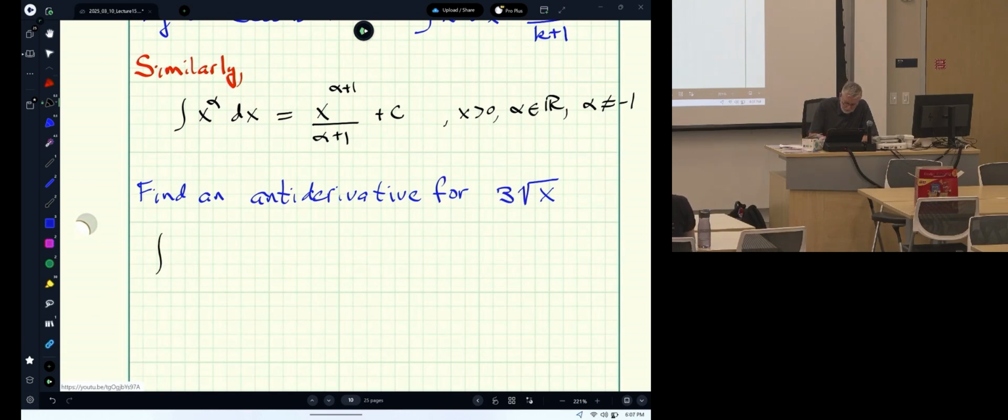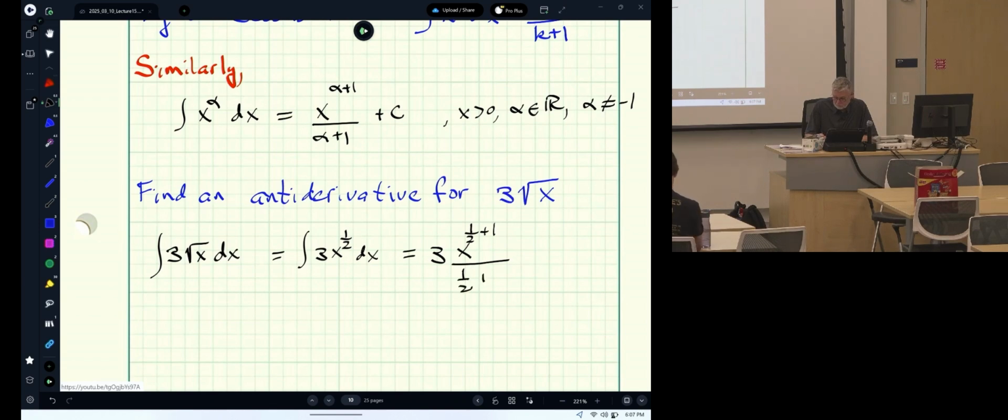So the antiderivative of 3 square roots of x dx is 3x to the 1/2 plus 1 over 1/2 plus 1 plus a constant.